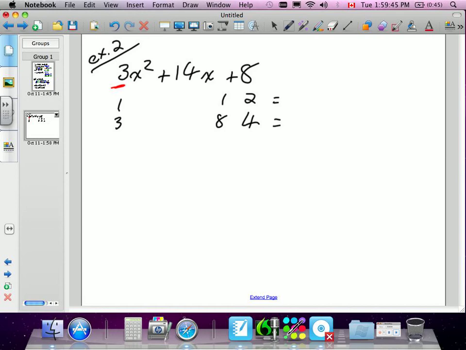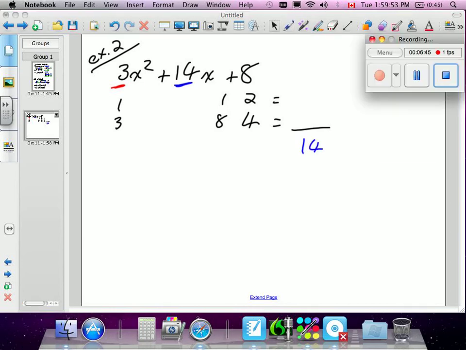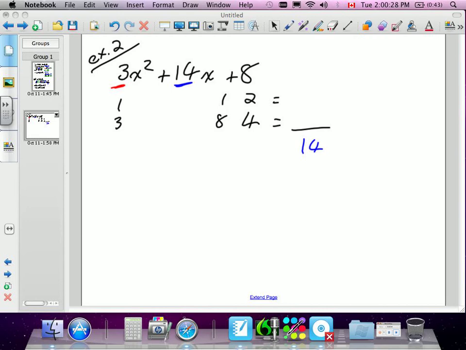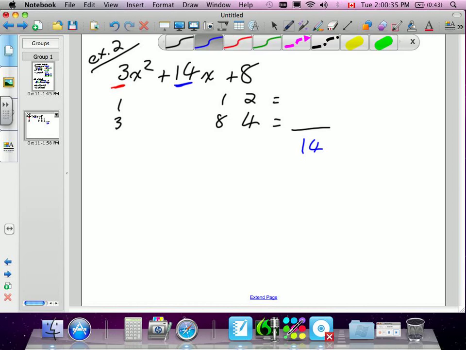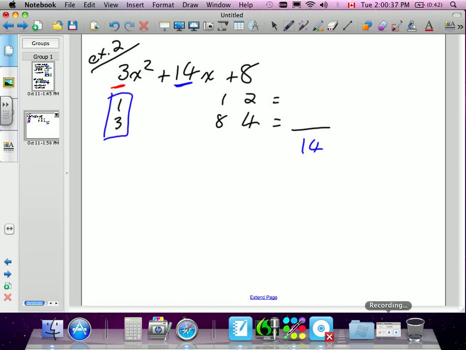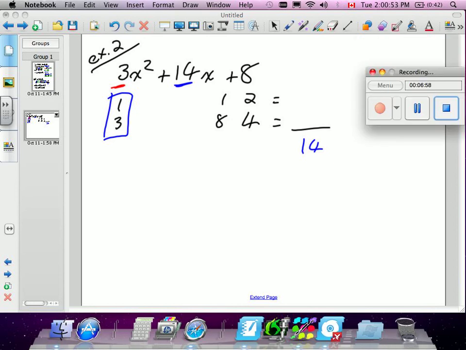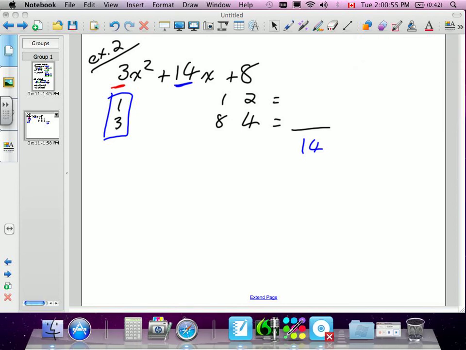I'm going to set it up. I know they're going to have to eventually equal 2 terms that add up to our b, which is 14. Because there's only 1 column, we're going to go with the first set of columns.